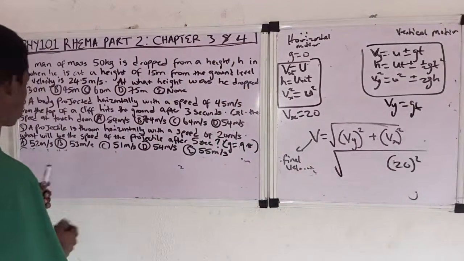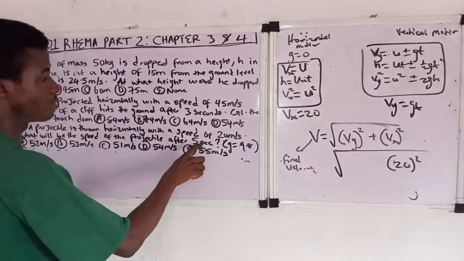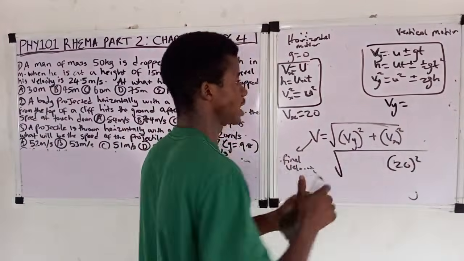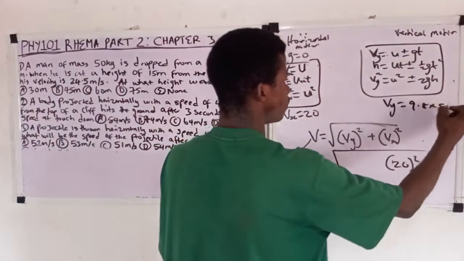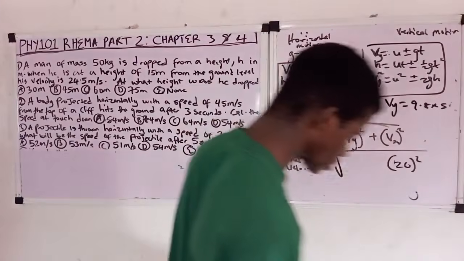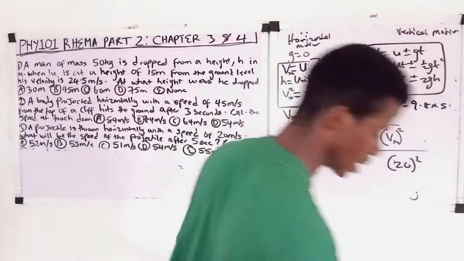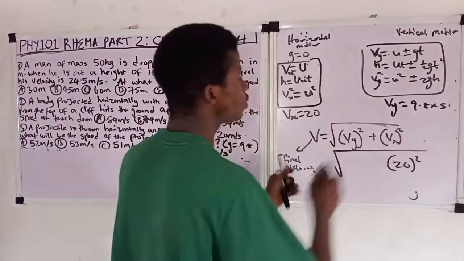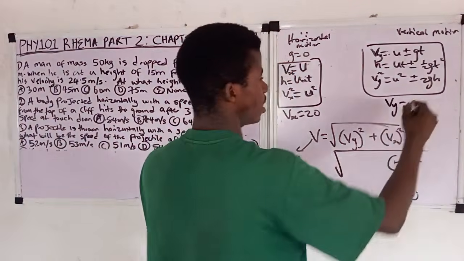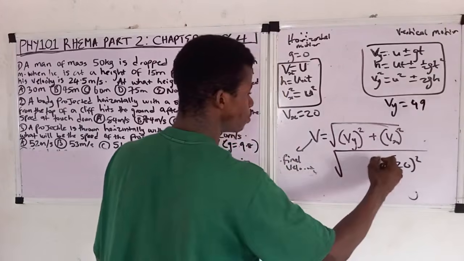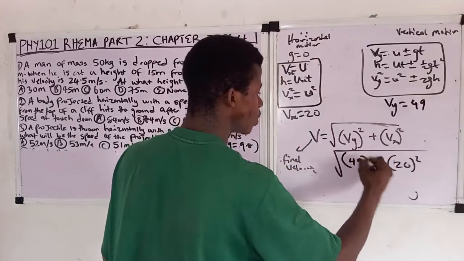What is g? g is 9.8. Time is 5. So 9.8 times 5 will give us 49. So our vy is 49. Whenever I see vy, we put 49, then all squared.